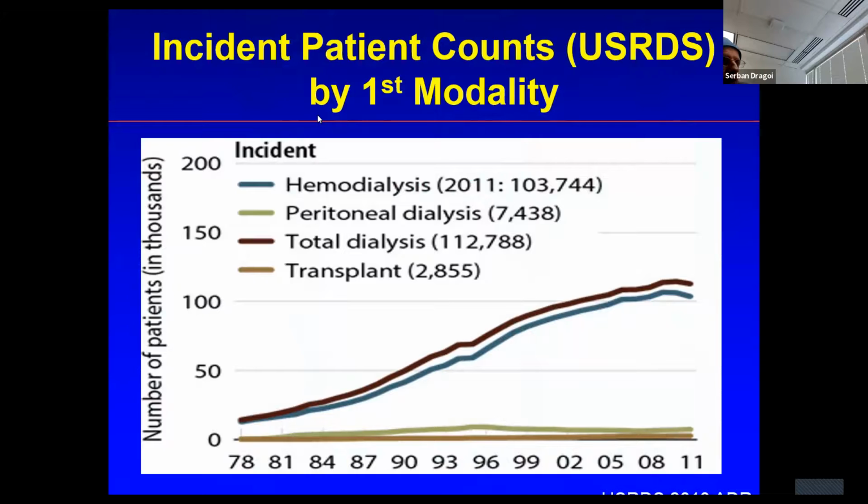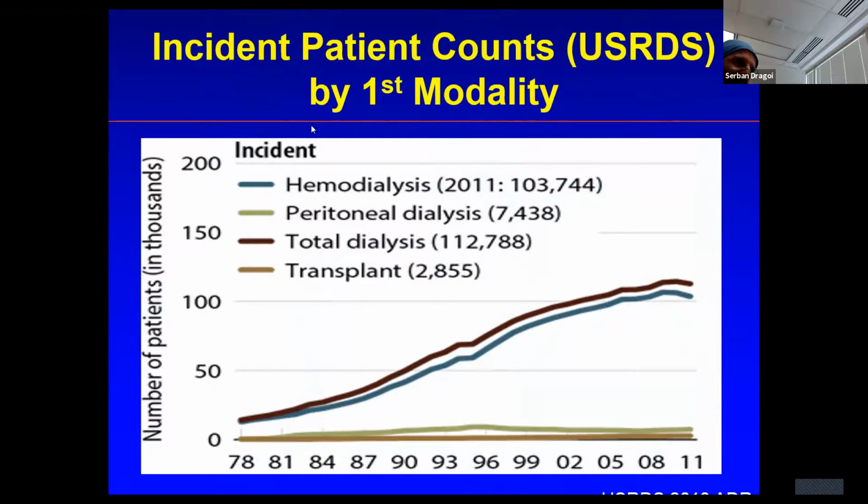So this slide shows you the incident patient counts according to our big Medicare maintained registry called USRDS, or United States Renal Data Systems. Every incident dialysis patient has to go into this registry. So now they're counting these patients by first modality, and they look at how many got transplant, how many got PD and hemodialysis.